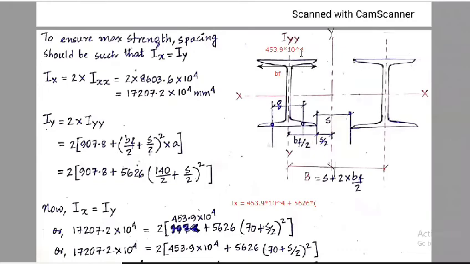So what is this distance going to be? It is going to be BF by 2. Very simple. This distance is nothing but BF by 2, and this clear spacing was annotated as S. So how much will be this distance from here to here?